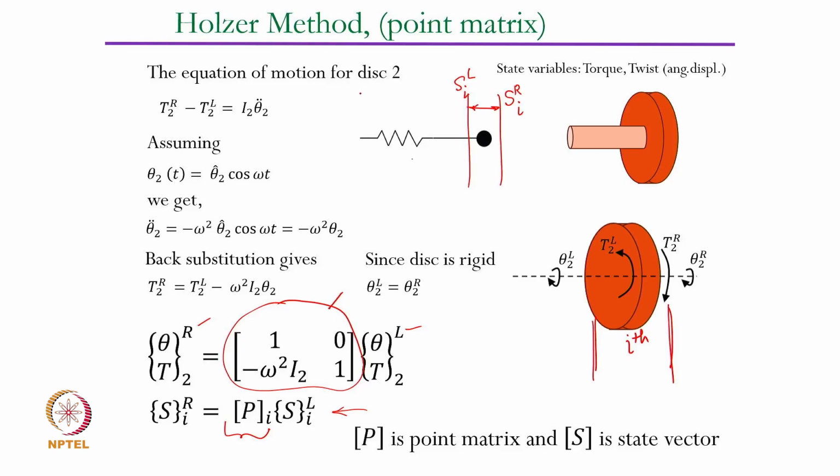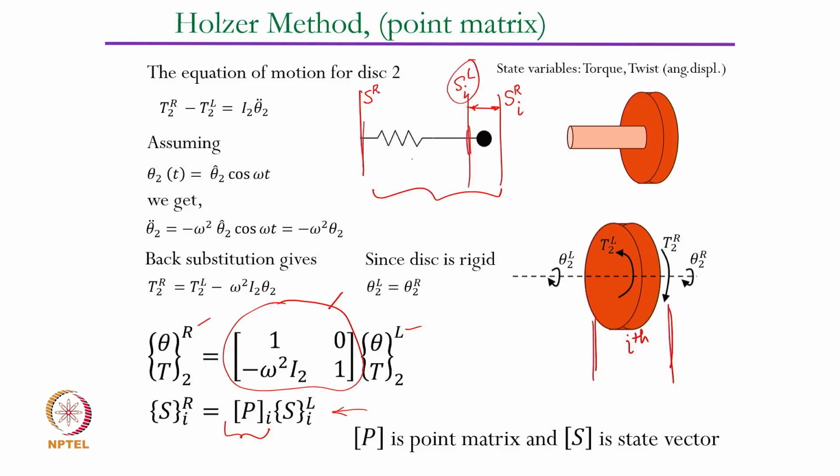The job now is to complete the remaining part, because this represents one segment, and there are plenty of segments to come before and after that. So let us figure out now, how do I relate this state vector here to this state vector? What would you call this state vector?